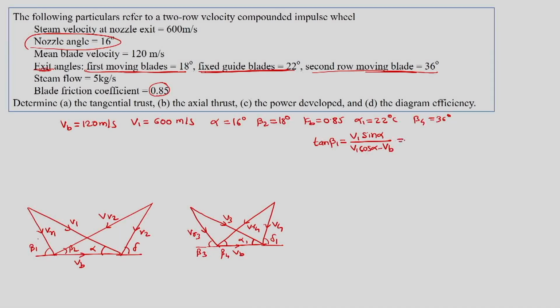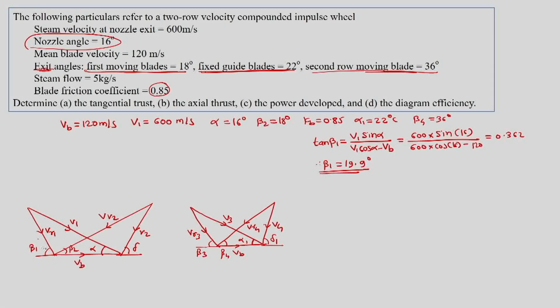So we will have V1 is 600 into sin of 16 divided by 600 into cos of 16 minus VB, which is 120, and this gives us 0.362. So we can get beta 1 is equal to 19.9 degree.